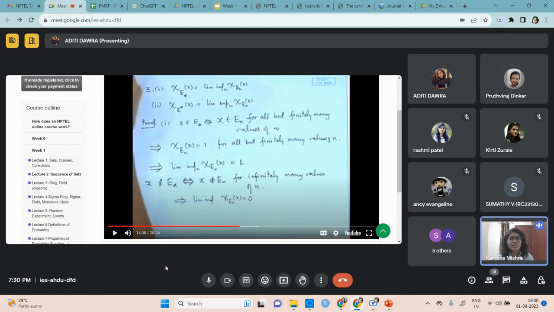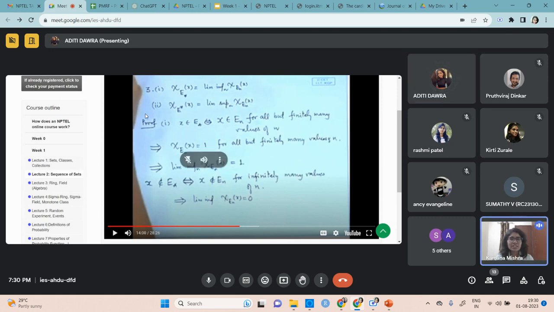We take it as: if a belongs to this set, then its value is one, and if a does not belong to this set, then its value is zero. So, yeah, okay.